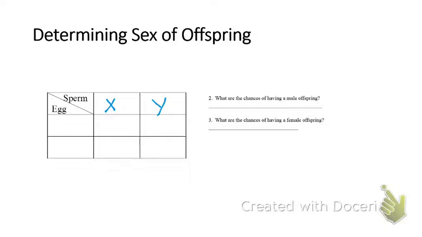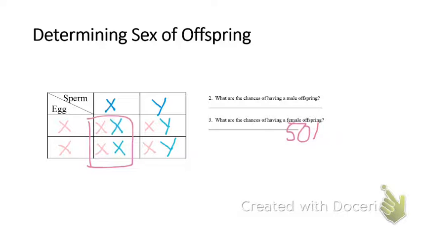It can send an X or a Y. The female, however, only has one sex chromosome option, and that is just the X. So when we fill in this Punnett square, we can see that we have a 50% possibility that there is female, and we have 50% chance of having male offspring.